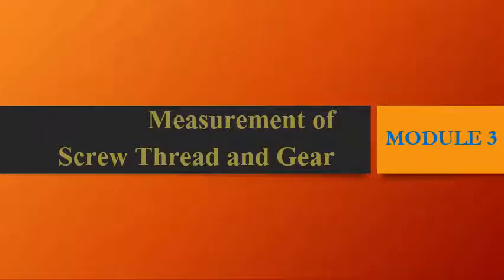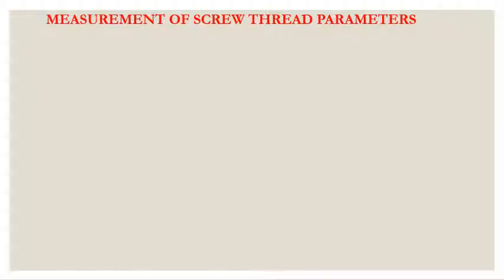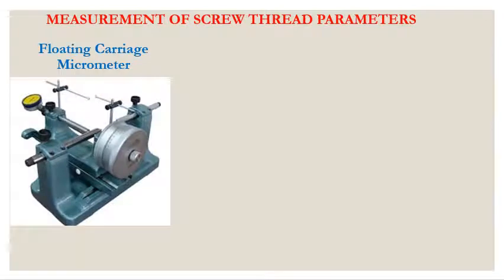Coming to this floating carriage micrometer, it is a very well engineered, accurate instrument with a very good least count, through which we can measure screw thread parameters like major diameter, minor diameter, and effective diameter.